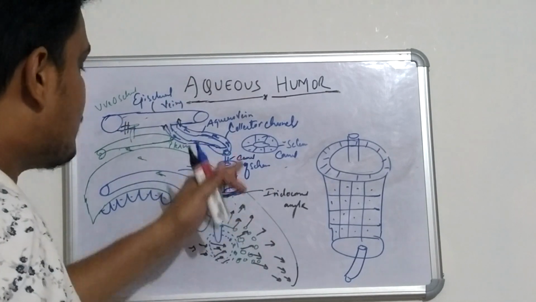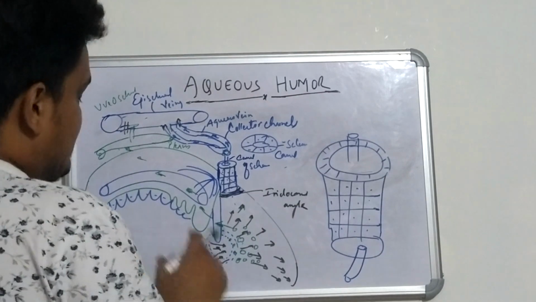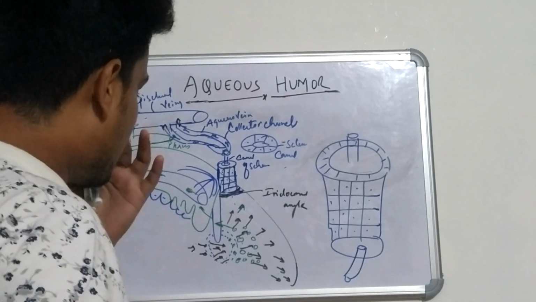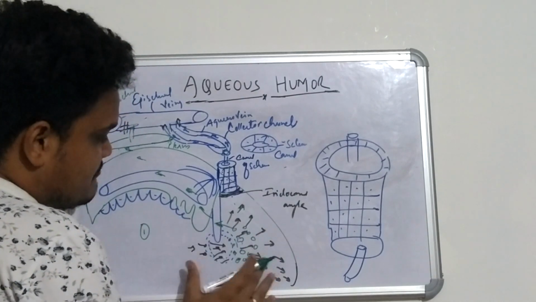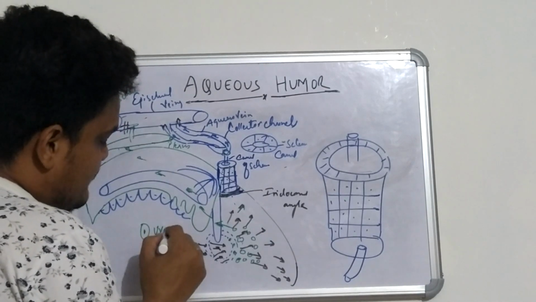In the conventional pathway, about 90% of the drainage comes from here, and 10% of the drainage goes through the uveoscleral pathway, but it's an alternative pathway. If there is any problem in this drainage mechanism, the first and foremost thing to consider is the uveoscleral pathway.